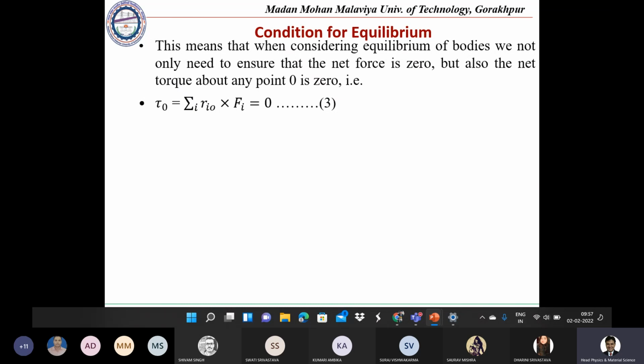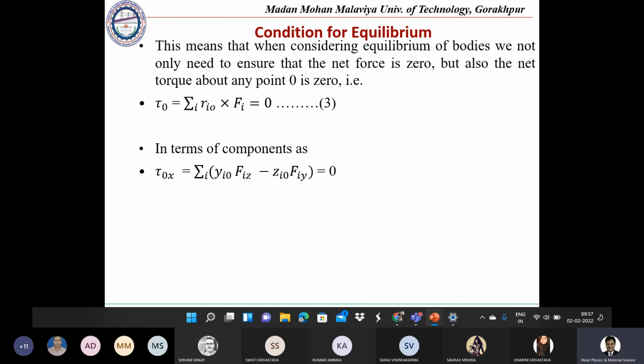That's why it has been mentioned here that summation over i of r_iO cross F_i should be equal to 0. In terms of the components, if we wish to write it, then we can say it as tau_Ox, that is in x direction, O will take its summation over y_iO F_iz minus z_iO F_iy, and that is equal to 0.